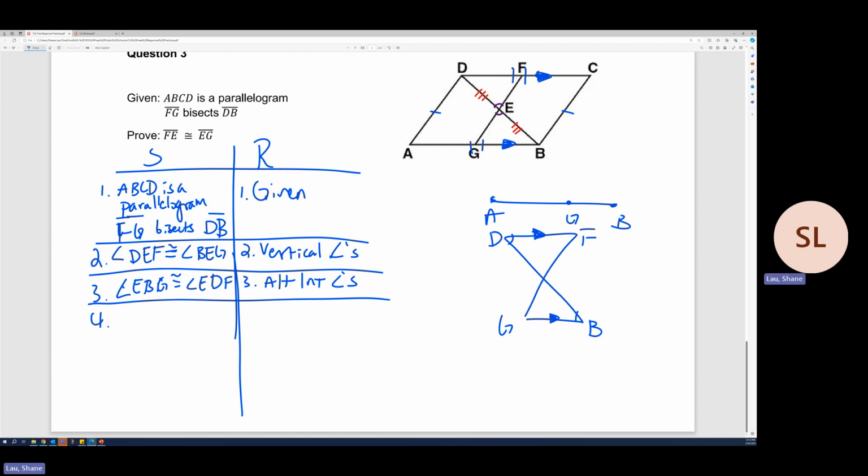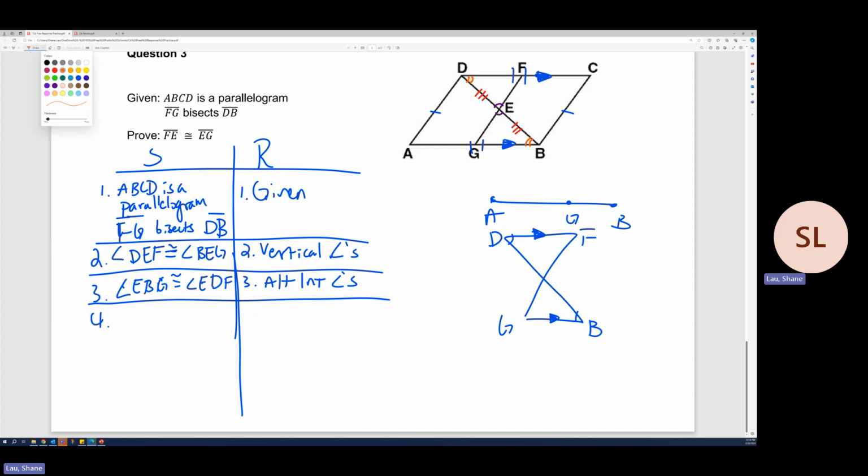And well, if we were to put this onto our original diagram, let's go with this color. These two are congruent. Well, if I look at this, I have an angle because of vertical angles. I have a segment because of our given. I have another angle because of alternate interior angles. Well, that sounds like a congruence theorem to me. That sounds like ASA.